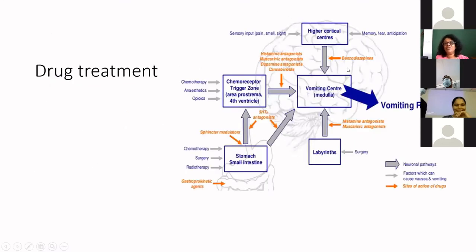So depending on the pathophysiology, we need to select antiemetic. For example, if the problem is in the stomach, small intestine, what are the agents that we can use? If it is due to labyrinthitis like vertigo, what are the agents like betahistine, stemetil you can use?